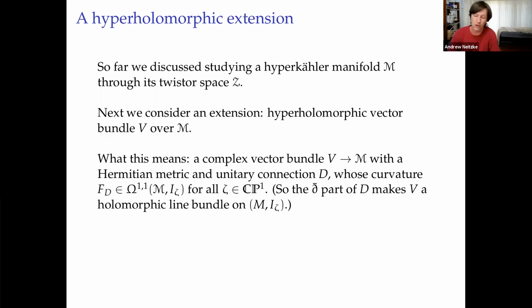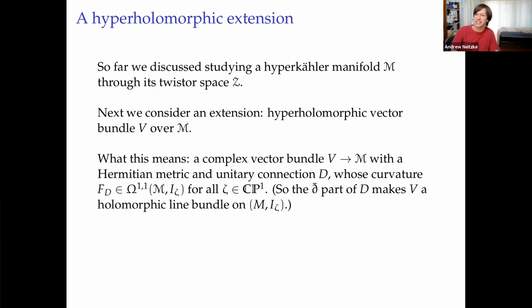One way of thinking about that is, ordinarily, if we have a connection of curvature 1,1, that's what gives us a holomorphic vector bundle. If you just take the del bar part of the connection, del bar squared is 0, provided that the 0,2 part of the curvature vanishes.